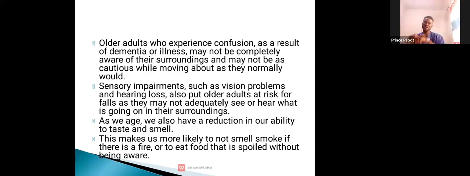Some of them may also not know when they eat food that is spoiled, so they are eating spoiled food without being aware. Why? Because their sense of taste, smell, even their sense of feeling may have been impaired.